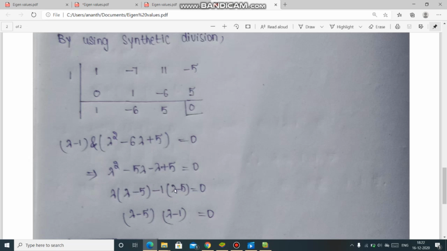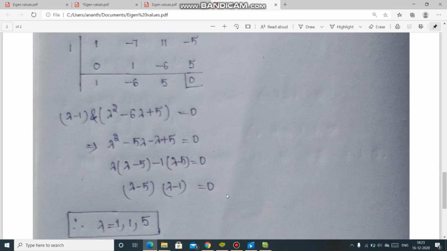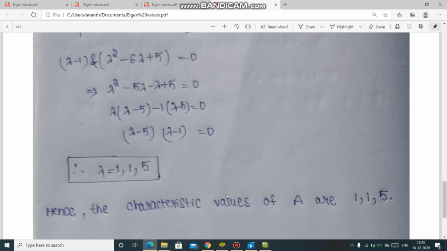Here lambda minus 5 is common, lambda minus 5 into lambda minus 1 is equal to 0. Therefore, lambda minus 1 and lambda minus 5 are the roots. So, we get the lambda values as 1, 1, 5. Hence, the characteristic values or the eigenvalues of the given matrix A are 1, 1, 5.